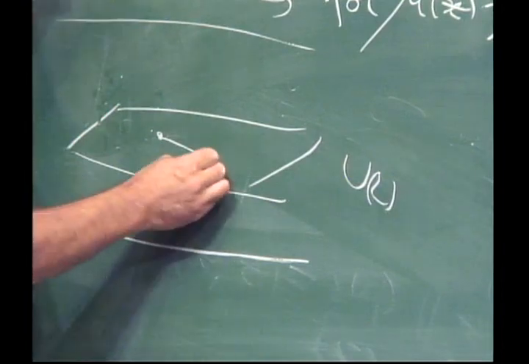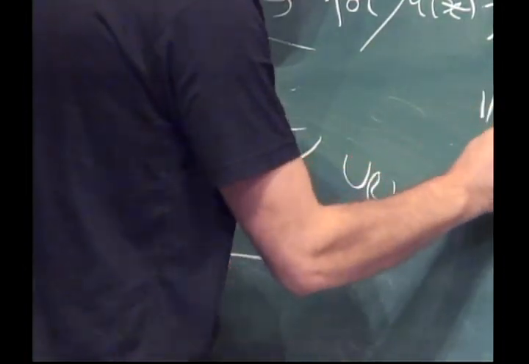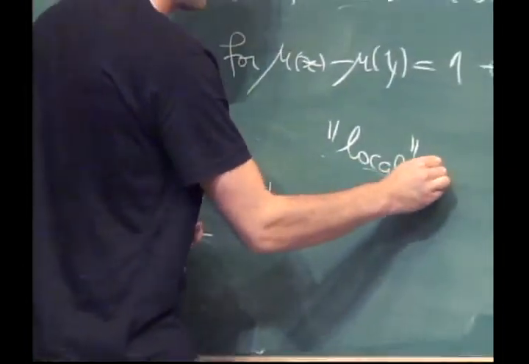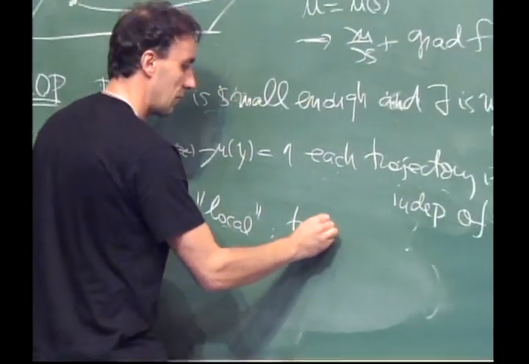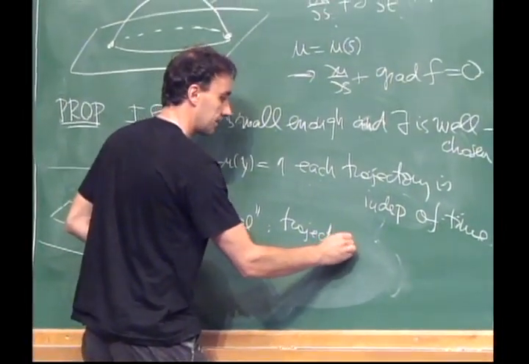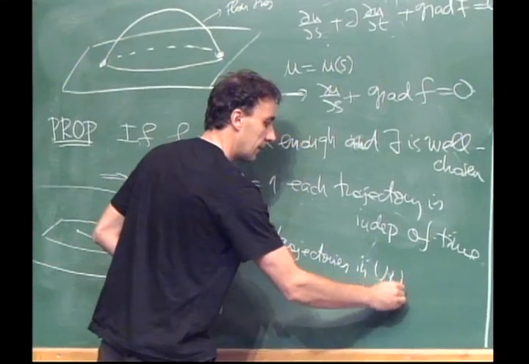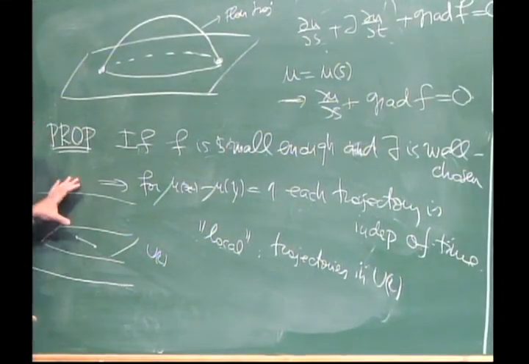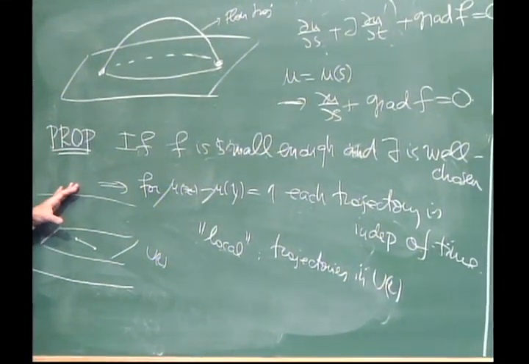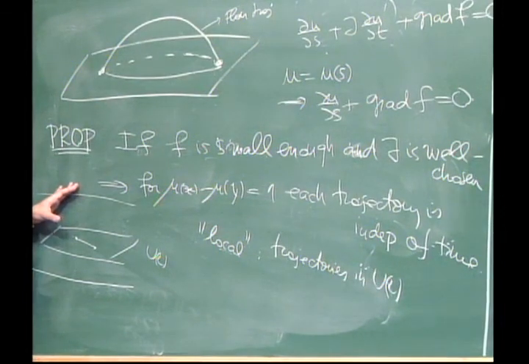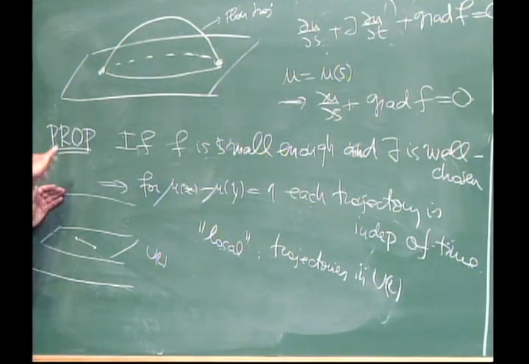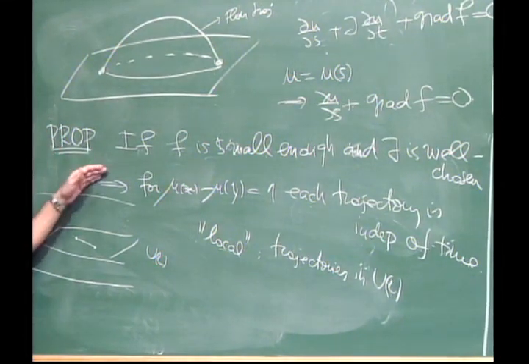So the local aspect is concerned with the trajectories in U_L. And then one has to show that with this hypothesis, if f is sufficiently small, there is no Floer trajectory going outside this Weinstein neighborhood.